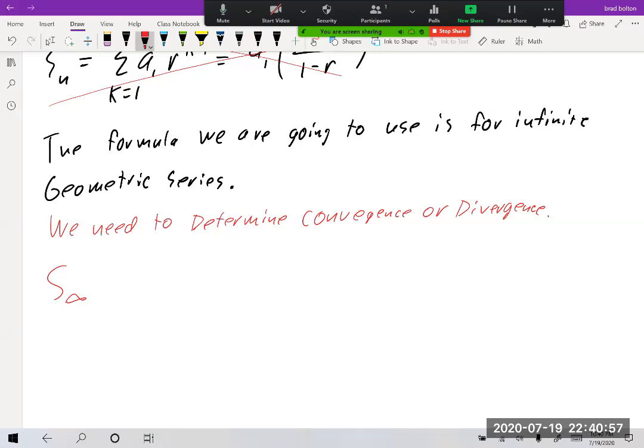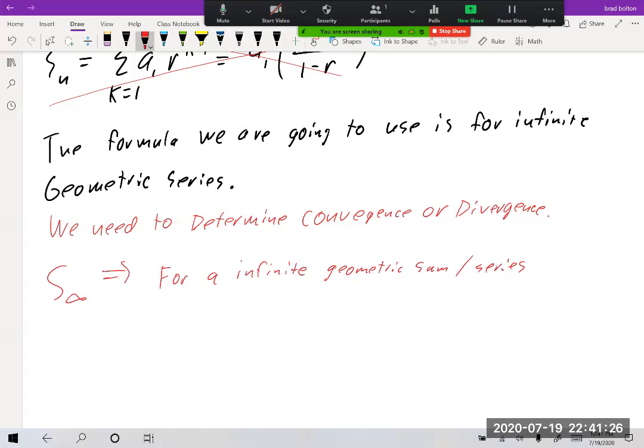Okay, so for an infinite geometric sum/series. Okay, so basically, again, we're not going to go too crazy on this, you guys. You're going to see this a lot more in Calc 2.